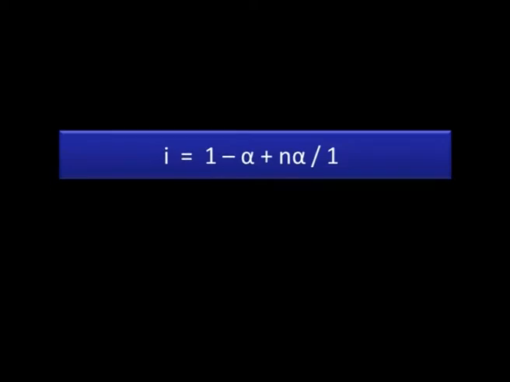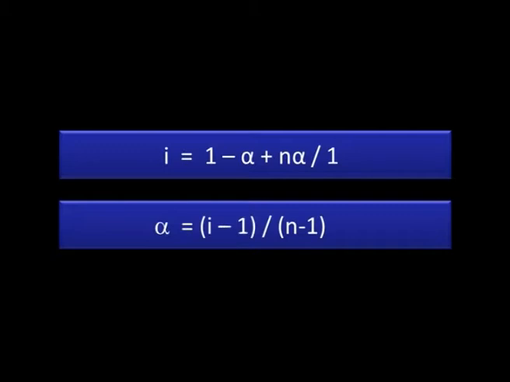Hence, Van 't Hoff factor i will be equal to number of particles after dissociation upon number of particles before dissociation. As we have taken one particle before dissociation, i will be equal to (1 minus alpha plus n alpha) upon 1. That is, alpha will be equal to (i minus 1) upon (n minus 1).